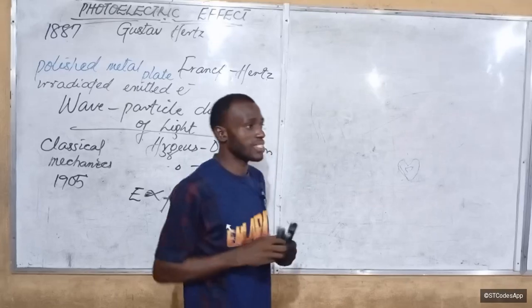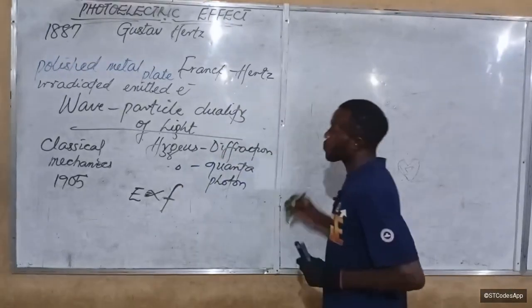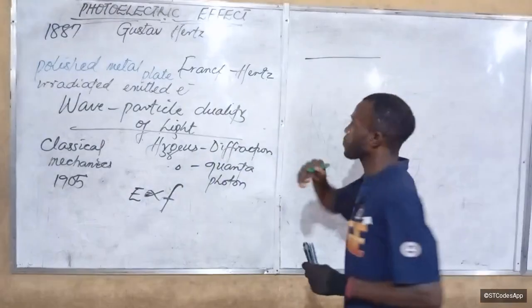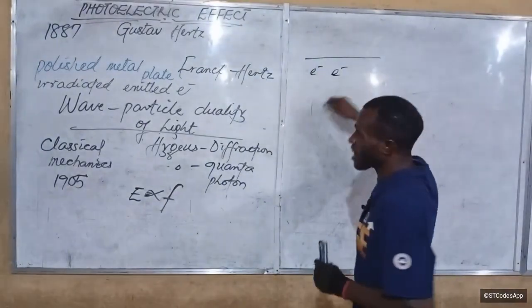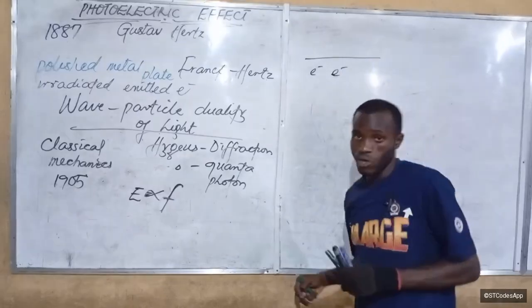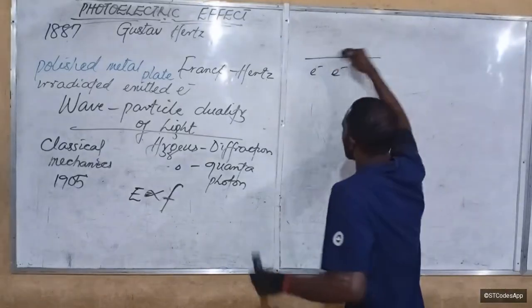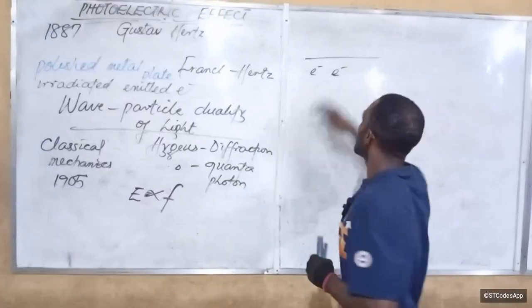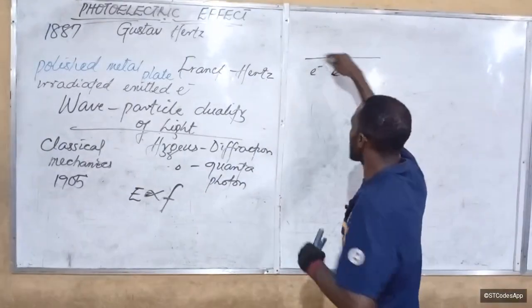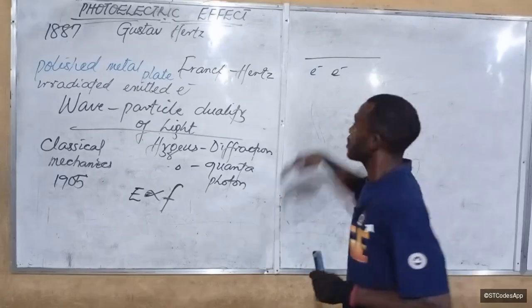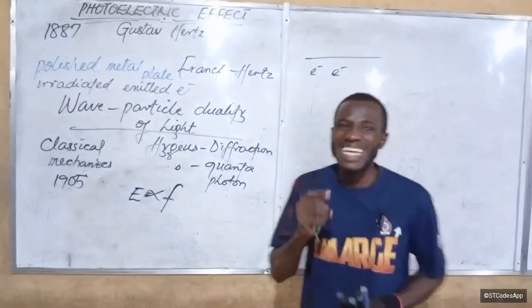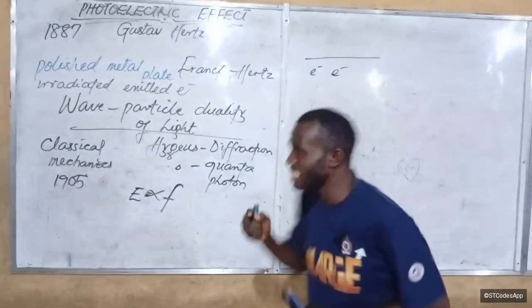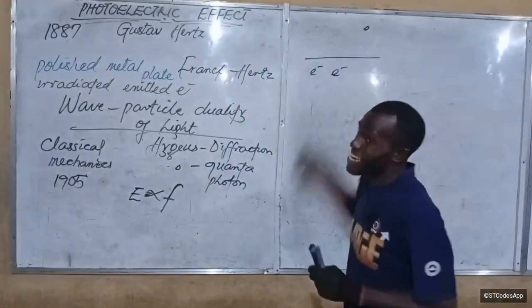So for a polished metal plate like this, electrons are locked into the metal plate. For these electrons, I repeat, to just escape this metal plate, they required an amount of energy.